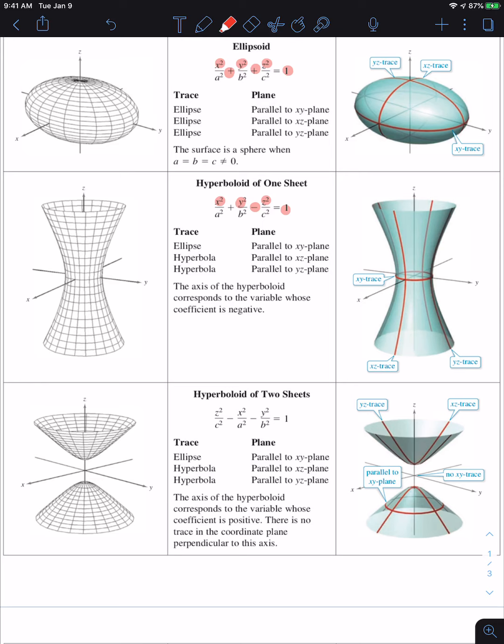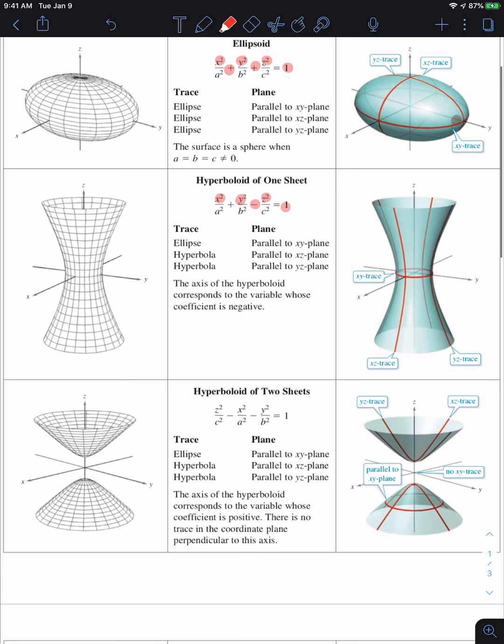The traces, remember, are where the surface intersects the different planes, and here they are all ellipses. This trace right here is the xz trace, and you notice that is an ellipse. The yz trace, this one right here, is also an ellipse.